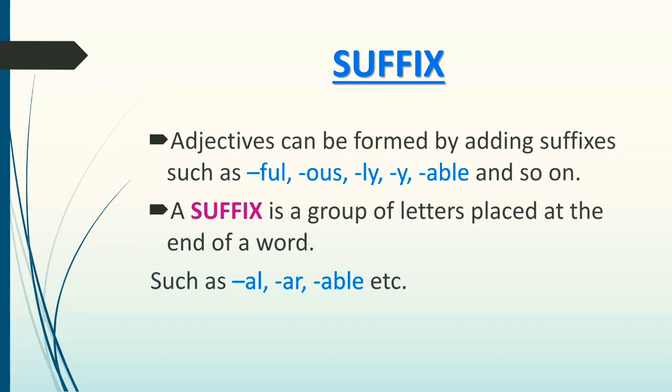Now, adjectives can be formed by adding suffixes such as ful, ous, ly, y, able, and so on. A suffix is a group of letters placed at the end of a word, such as al, ar, able, etc.